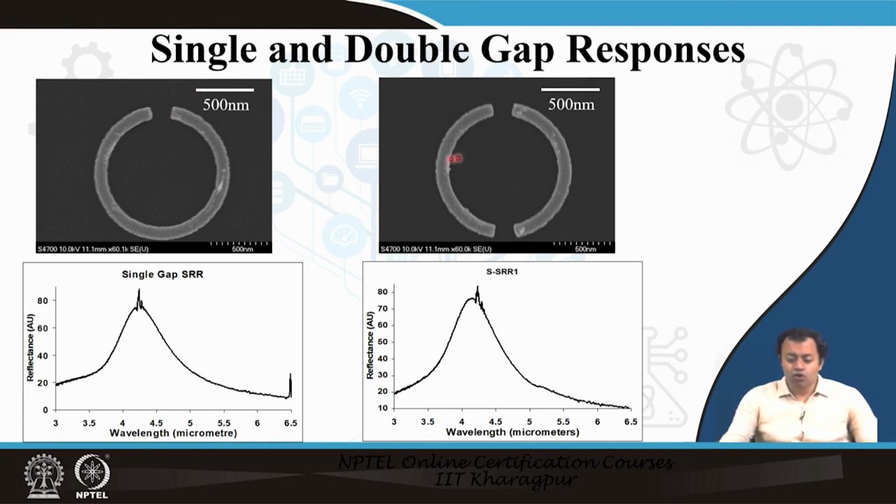If you have two C-shaped structures, two arcs of the exact same size, then the response of the left hand arc and the response of the right hand arc will also be the same. The responses superimpose and produce an overall resonance response showing a peak at 4 to 4.5 micrometer wavelength.